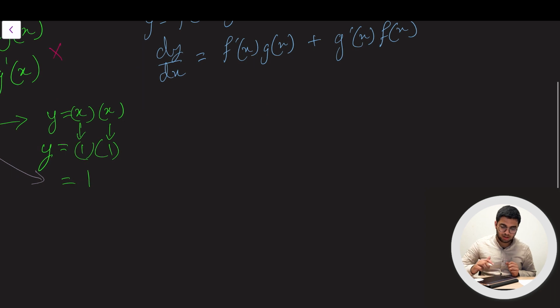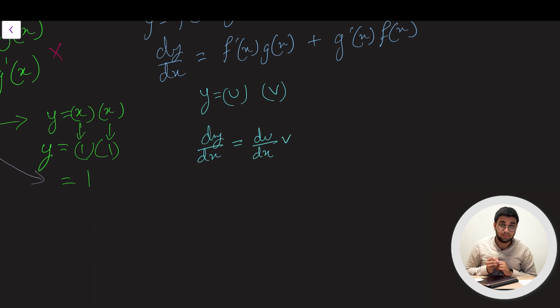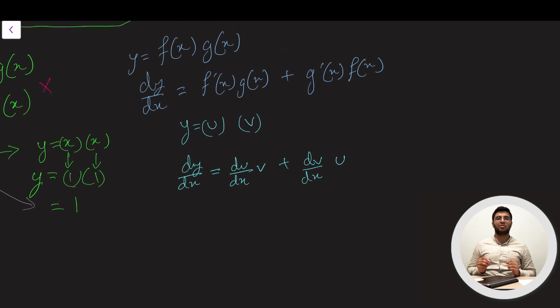Another way you would sometimes see it is y equals u times v, where u and v are functions of x or some other common variable. So dy on dx is du on dx times v, derive one, leave the other, and then derive the other, leave the one. And there you go. That is how you would do the product rule.